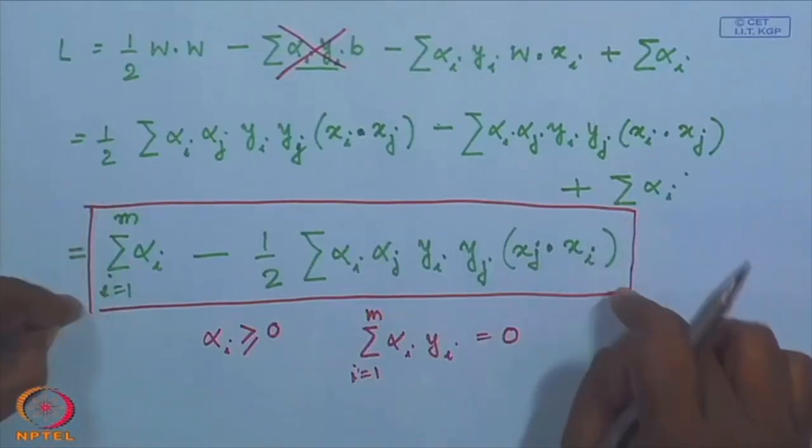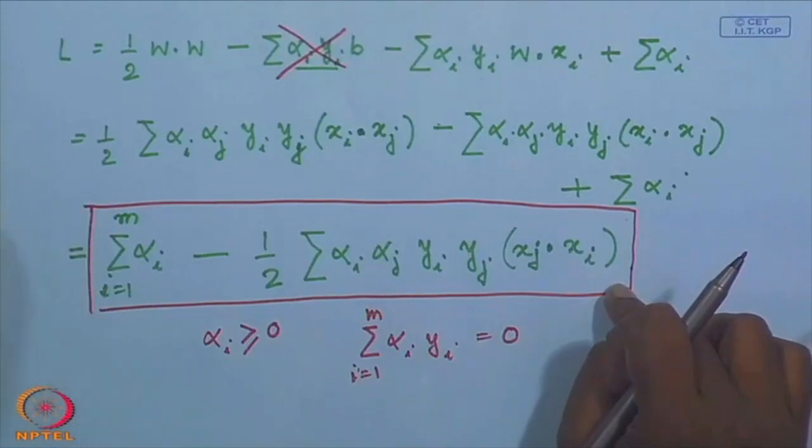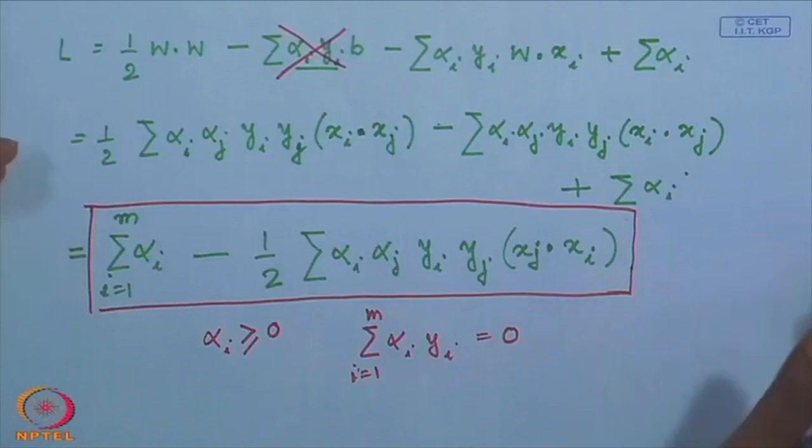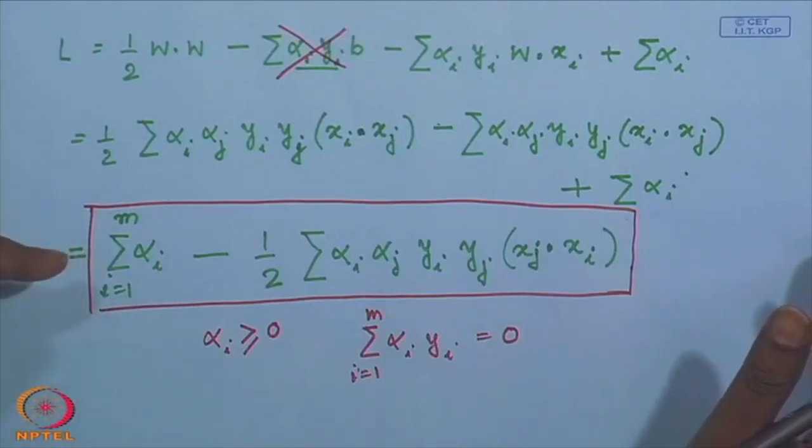When you try to maximize this Lagrangian expression, it is quite likely that some of the Lagrangian multipliers will be equal to 0, and a few of the Lagrangian multipliers will have very high values.